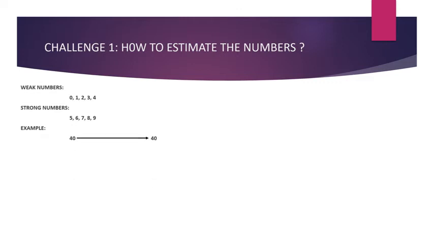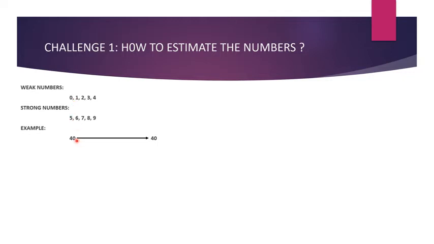Example number 1. Here you can see it is 40. At the end of the 40 it is 0. As I told you, 0 is a weak number. Okay students, look here, this is 0 and 0 is a weak number.